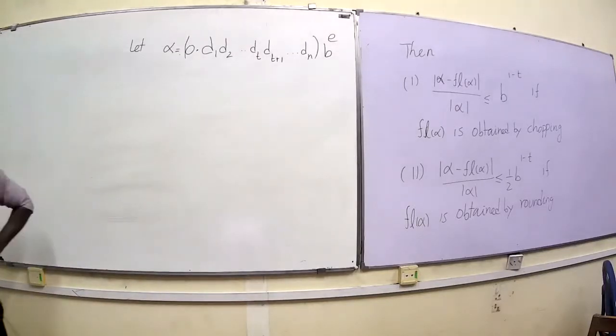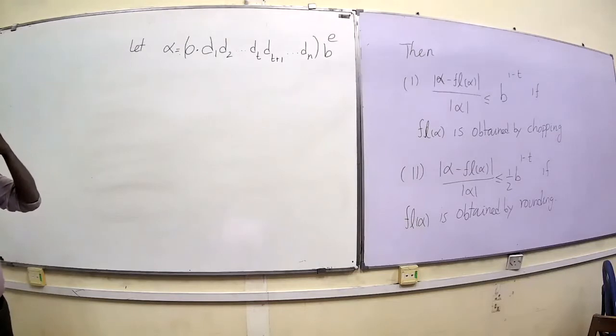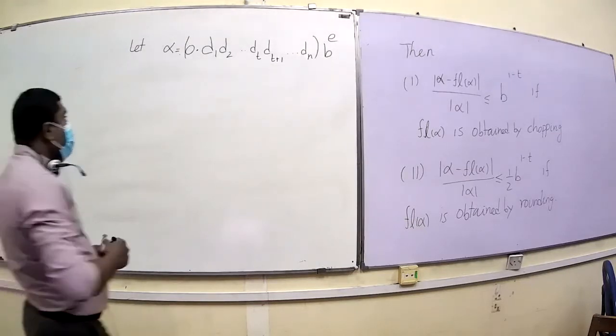So if alpha is a real number, then you can write it in the standard notation. Suppose it has n digits, then you can write it as 0.d1 d2 d3 up to dn times b to the power e. Any real number you can write in this form. It can have any number of digits, so that is fine.